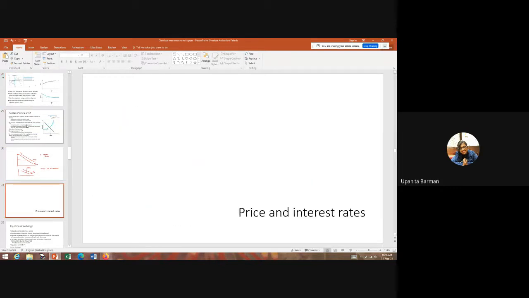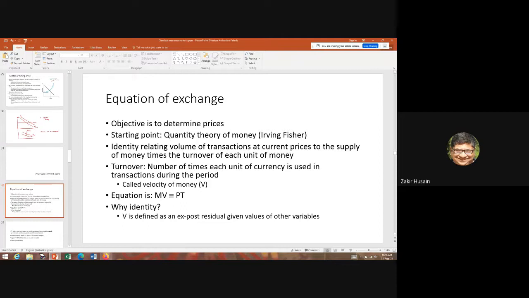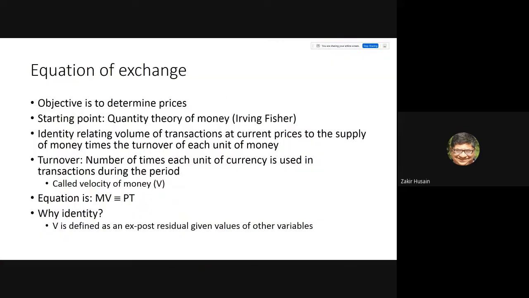My pleasure. Okay, so now we come to the theory of prices. Remember that when we want to determine prices of whatever commodity, inputs, we need both the demand and supply curves. Ultimately, it's the same micro model. Demand equal to supply will give the price.